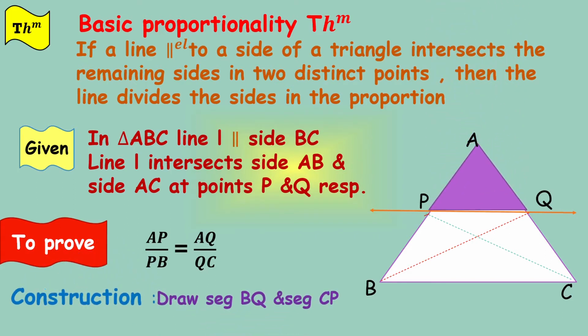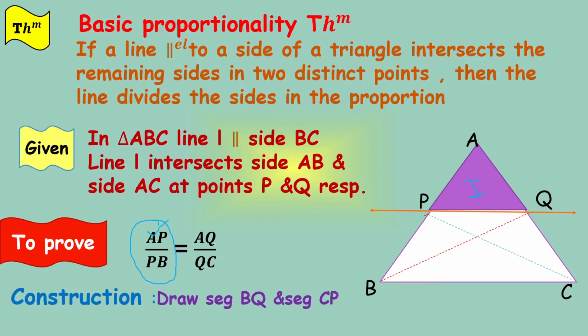That means we have to prove that AP upon PB. Therefore we have to take a triangle with the side AP, and this triangle is nothing but triangle APQ, say the first triangle. And we take a triangle with side PB, that means we read this triangle from PB.